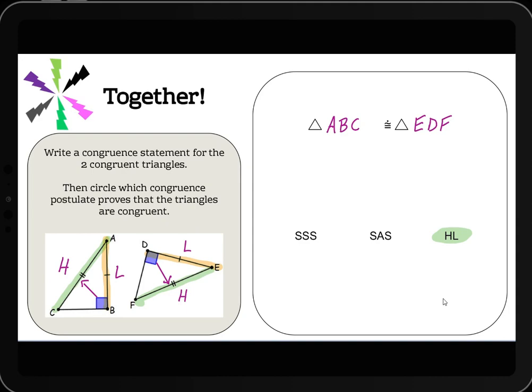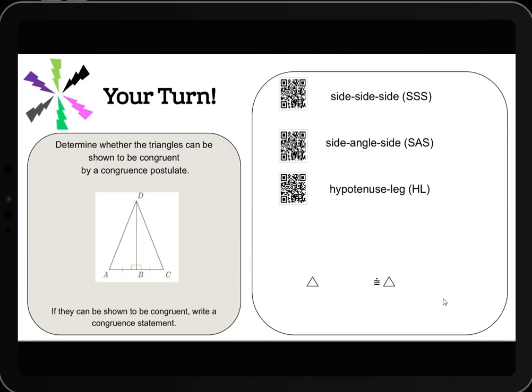Little tip for right triangles, I tend to make the right angle the actual vertex, or rather the middle letter, I should say. It should be in the middle. I typically do that with right triangles, and that can be helpful for you when you're writing your congruent statements out. So what I would do here is pause the video and see if you can come up with the correct response for this particular problem.